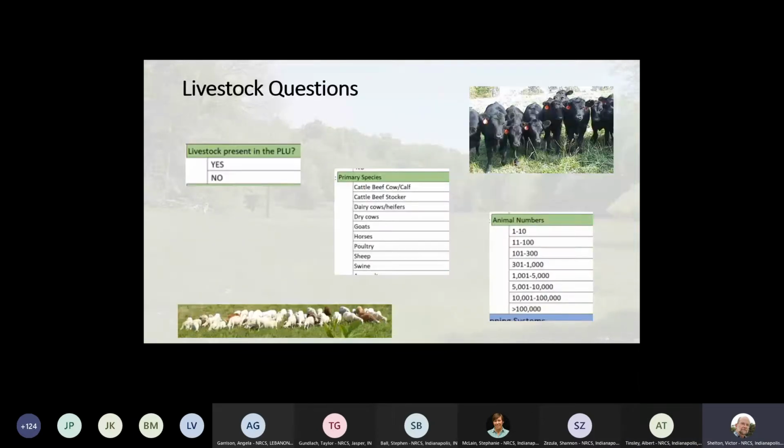You can decide and check what that species is in the list. And then animal numbers. Don't get too hung up on this animal number figure. Just mark it the best you can to the number of animals that are present. As far as we know, it's not looking at animal units, and I think it's going to be used more in the future than it is right now.